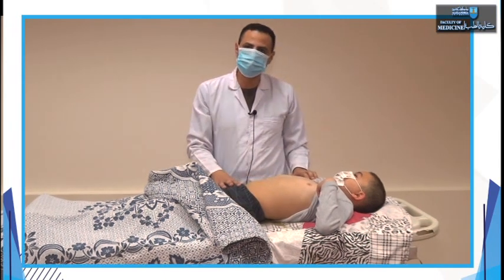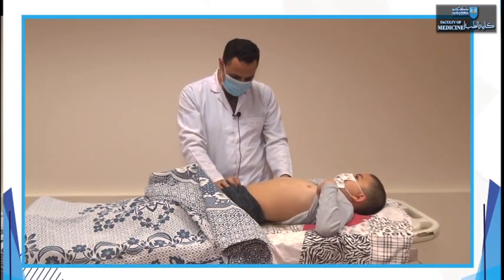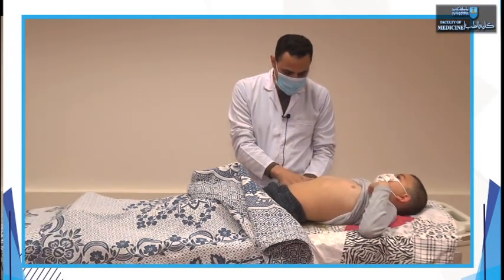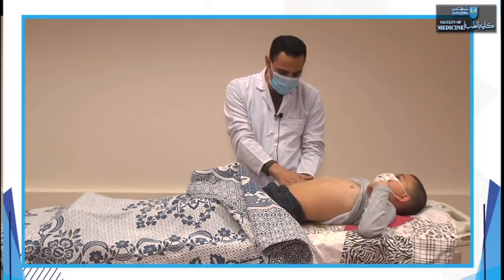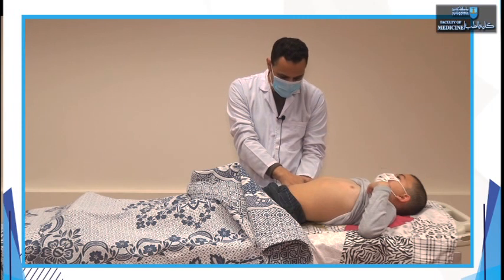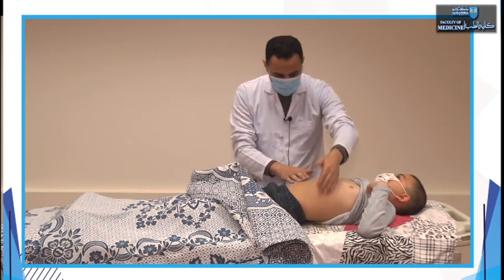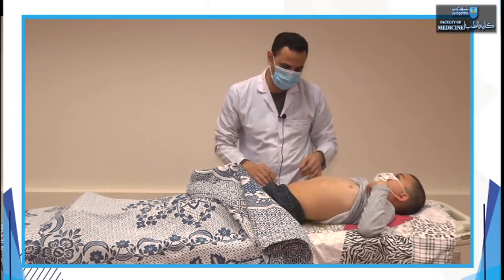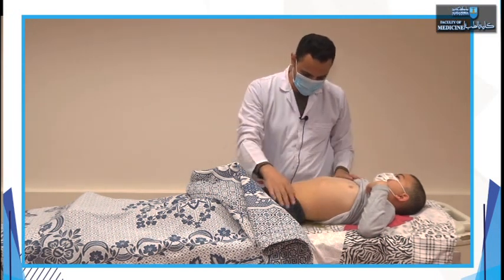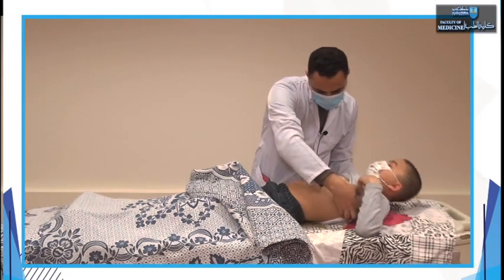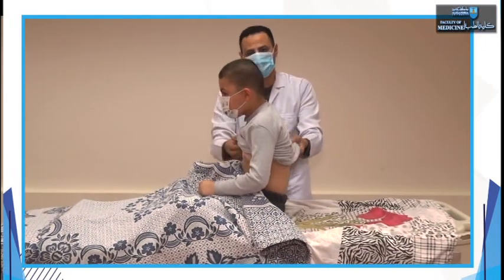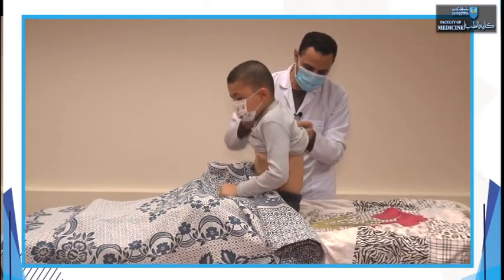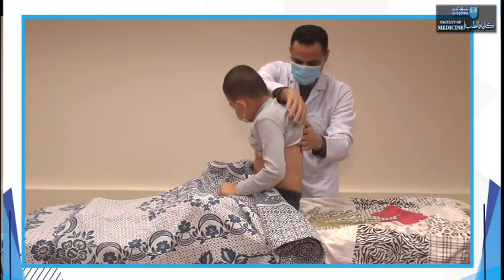After examination of the spleen, I will examine the kidney. Now I will examine for the kidney using the bimanual method. Now I will check for and examine for the renal angle.